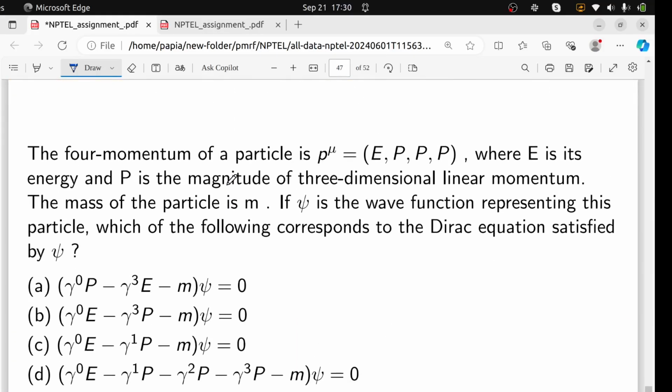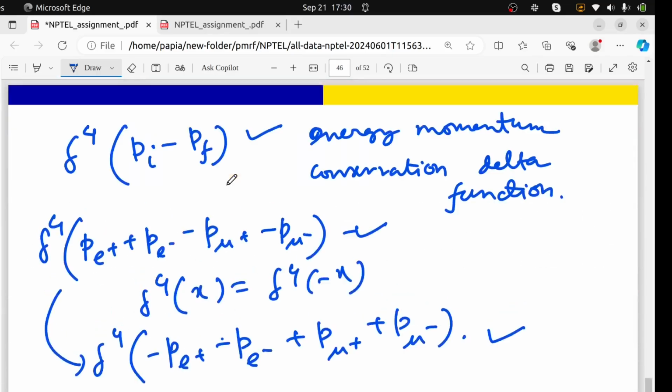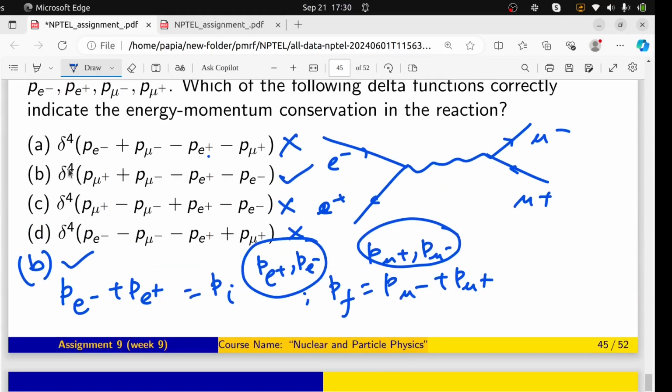Just check in question number 7 that whenever the initial particles are there, they should have the same sign, and the final particles should have the same sign. That is the main thing to see in this question.